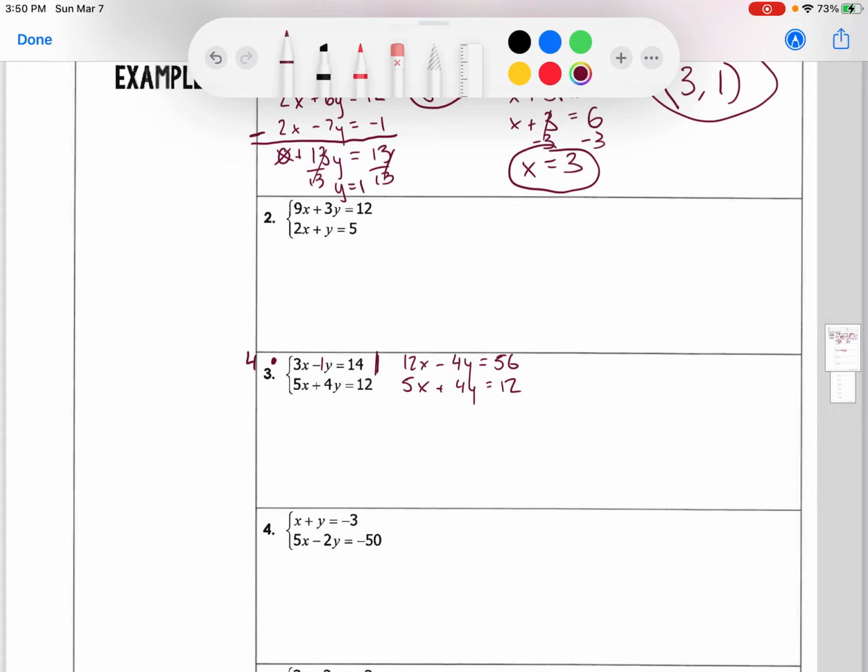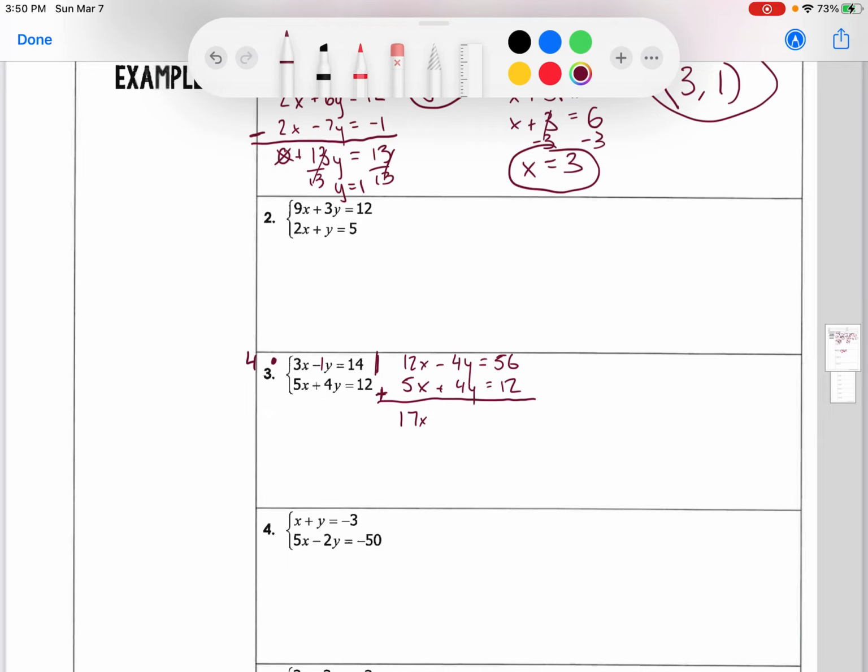Okay. So now we return back to our steps from yesterday, and we need to decide whether we add or subtract. Now, my coefficients I'm looking at in this case are attached to our y variable. And if I look at the first equation, I have a minus 4y. On the bottom equation, I have a plus 4y. Since we have opposite signs there, I'm going to want to add these equations.